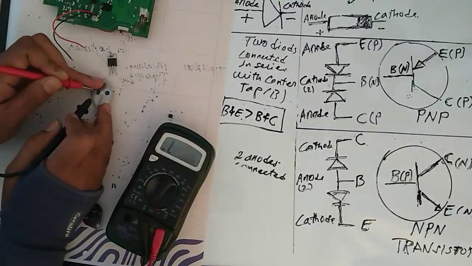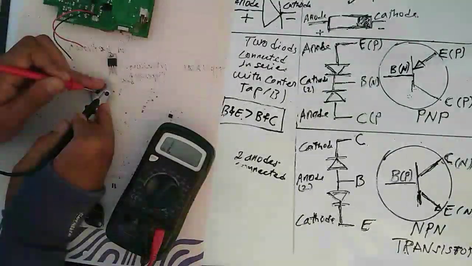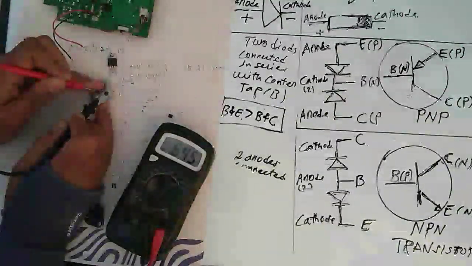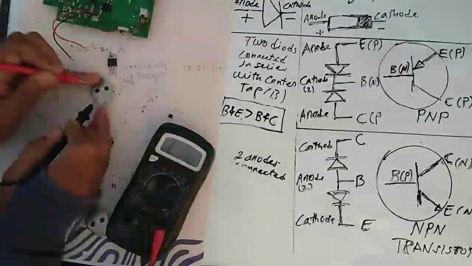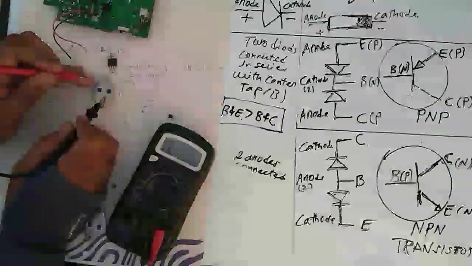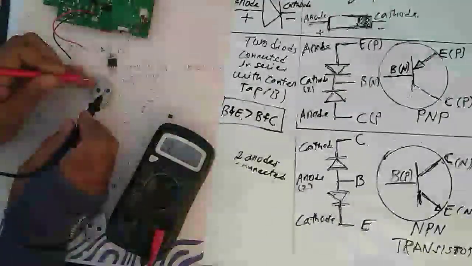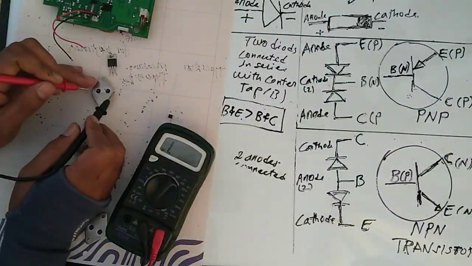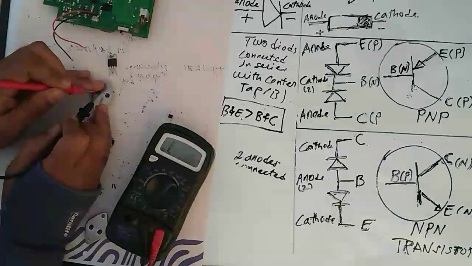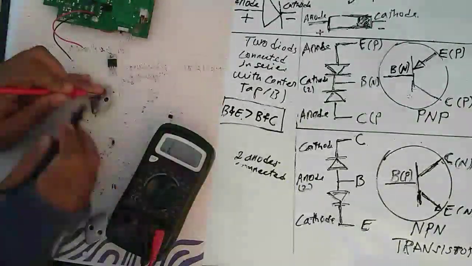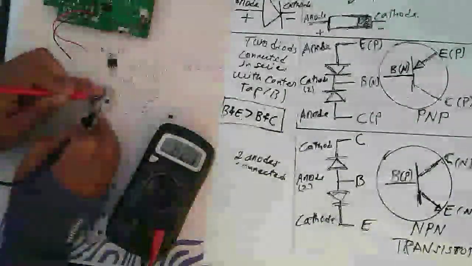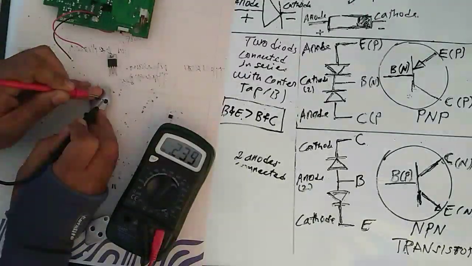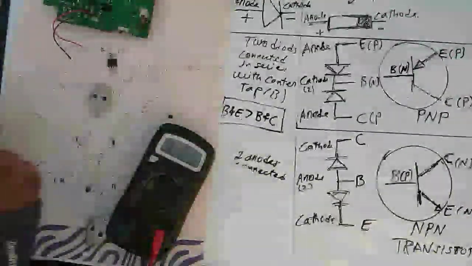In this case, this one is the base, and this one is the collector. The body is the collector. This one is the emitter. So I put the red probe at the base and measure here. This is the collector. This is the emitter. If I reverse the probes, it doesn't work.